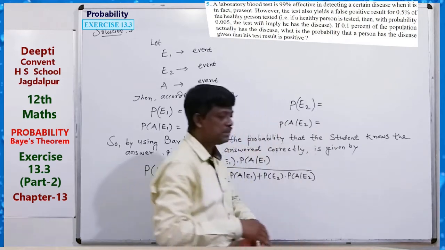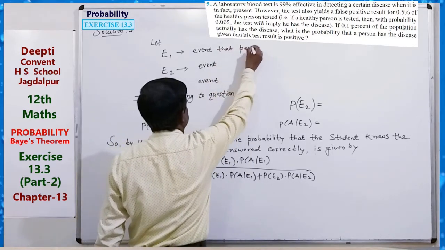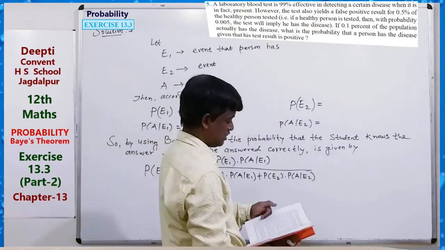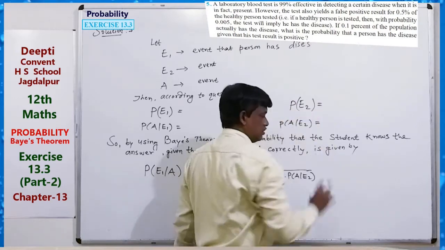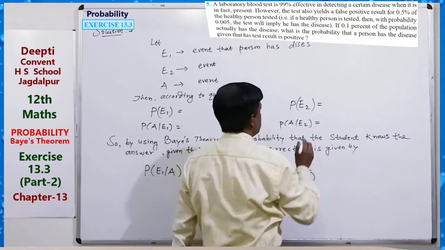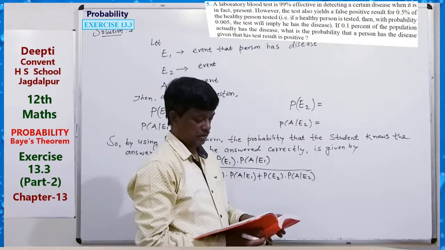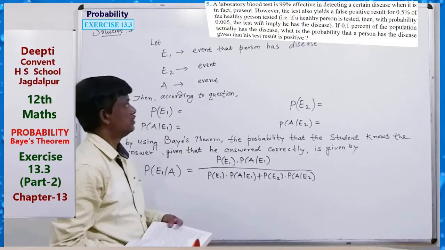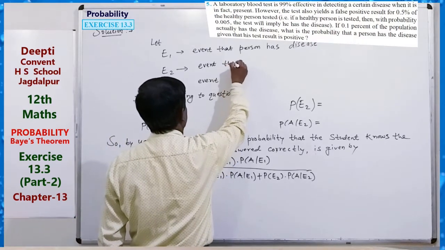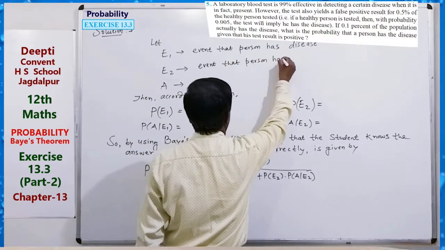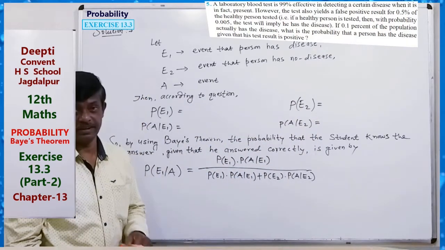Event E1: person has disease. Event E2: person has no disease.